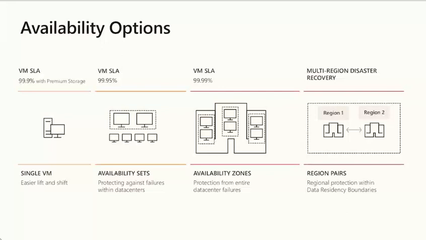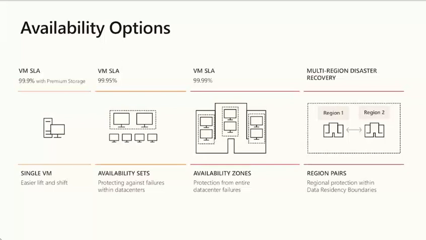Now, here's a cool thing. We were the first company to do this. What if I just have one hand clapping? What if I just have a single server, and I'm not going to need a buddy? It doesn't need a pair. I don't want to do anything else with it. Can I get an SLA for it? You can get a service level agreement. You can get 3 nines for a single VM, but you have to make the VM with what is called premium storage, which is performance. And by the way, if IOPS and disk performance is important to your solution, you're always going to choose premium storage.